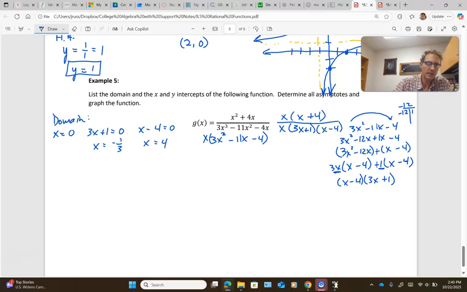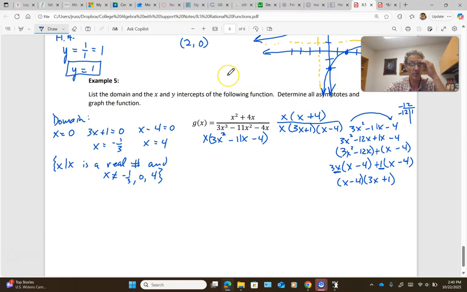So these are 3 exclusions here. So the domain is going to be all values of x such that x is a real number and x cannot be equal to any of those 3 values. And again, I ordered them. All right, so that's the domain.